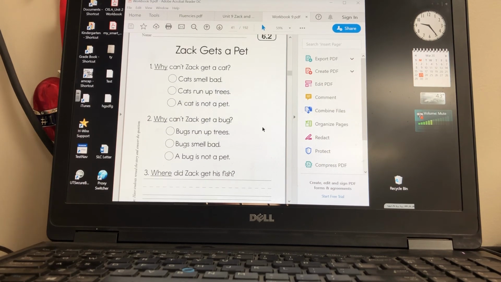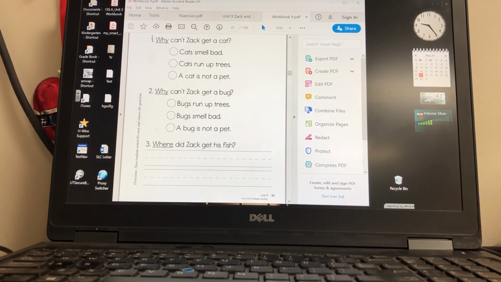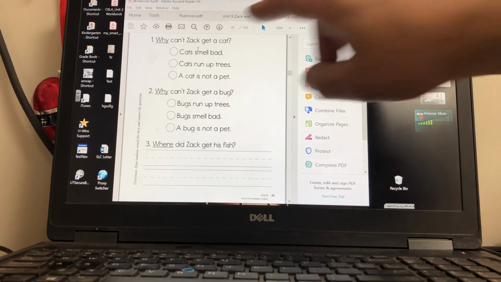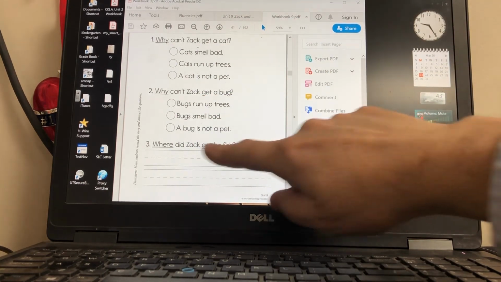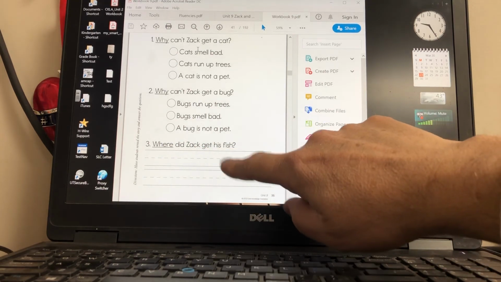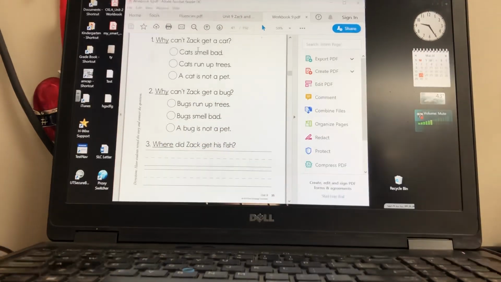This is a comprehension sheet about Zack Gets a Pet. There are 3 questions. This first one, color in the answer that goes with the question. On the next one, same thing, but on this one, they ask a question. You have to write the answer. I want you to write it as a full sentence, begin with a capital letter, end with a period.